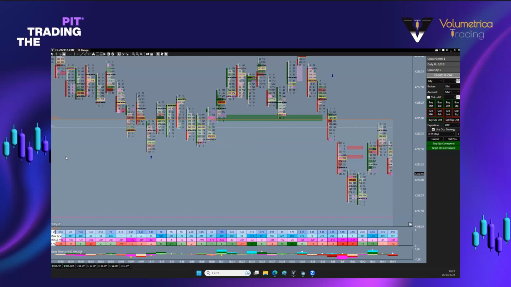If we are trading a specific price level, let's say here, buyers, and let's assume this price level is 4,000 even, okay?